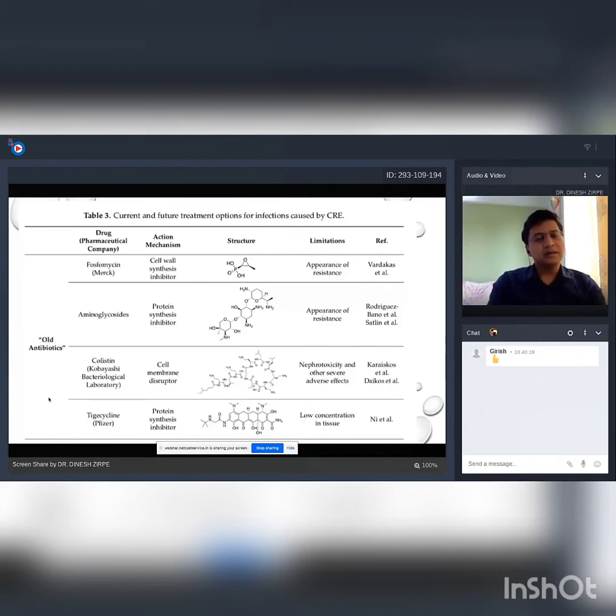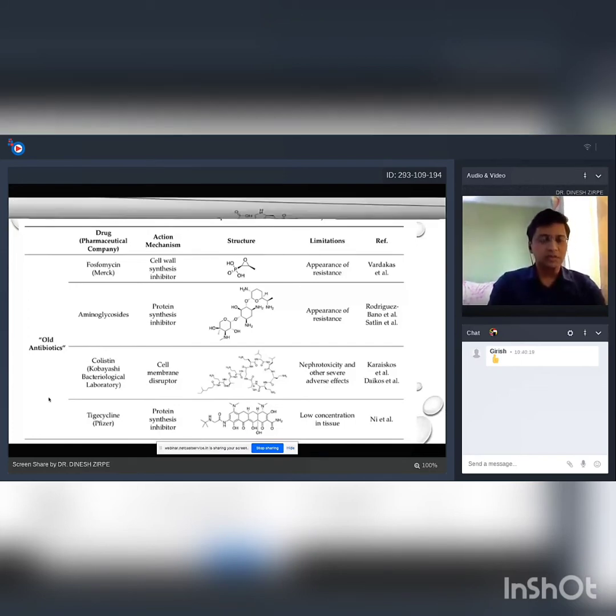However, in some recent studies, they have used a double-dose tigecycline. You give a 200 milligram stat dose followed by 100 mg, which is double the routine dose. And they have shown a 70% improvement in survival as compared to before. So that is a good thing.